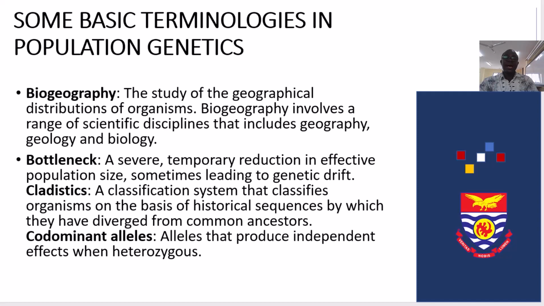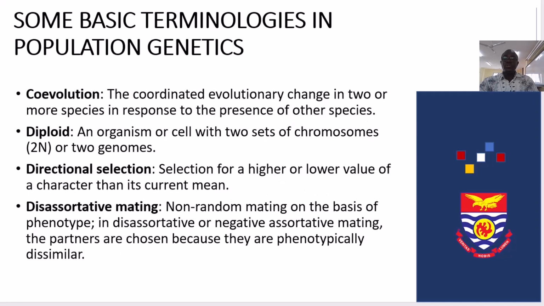Co-dominant: alleles that produce independent effects when heterozygous. Co-evolution: the coordinated evolutionary change in two or more species in response to the presence of other species. Diploid: an organism or cell with two sets of chromosomes or two genomes.